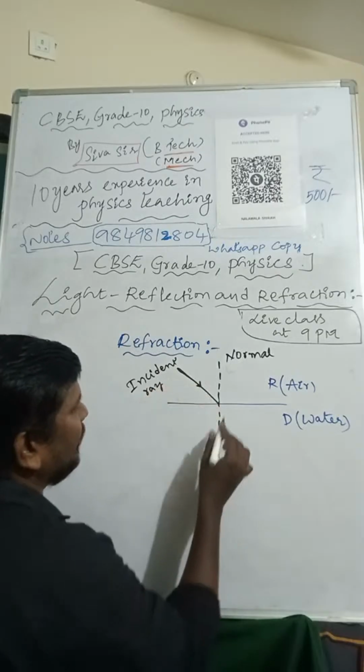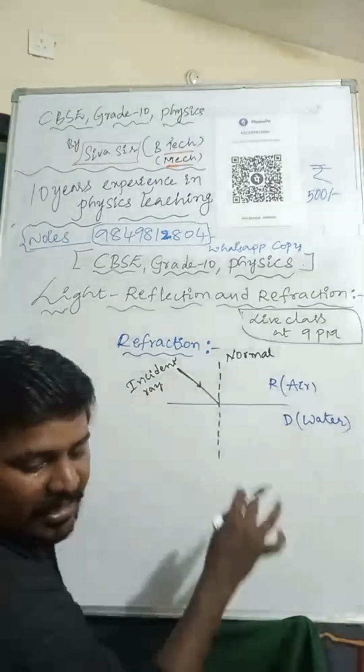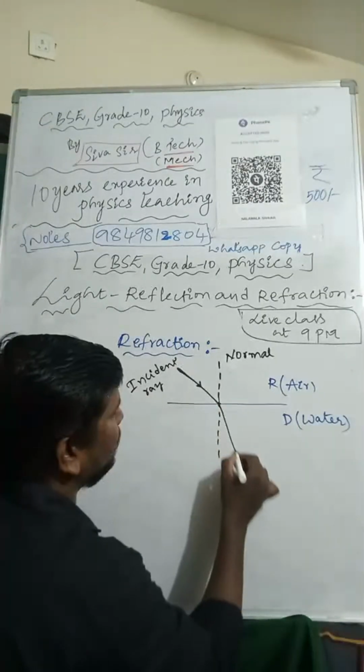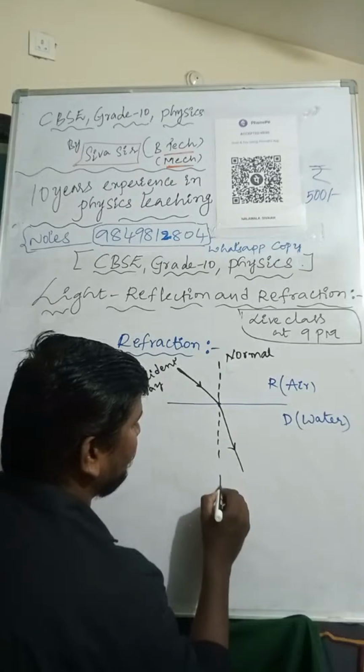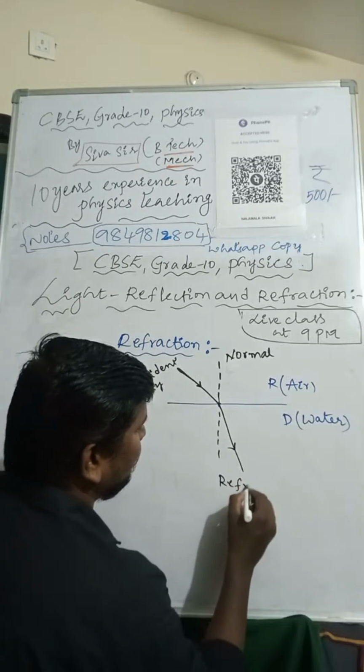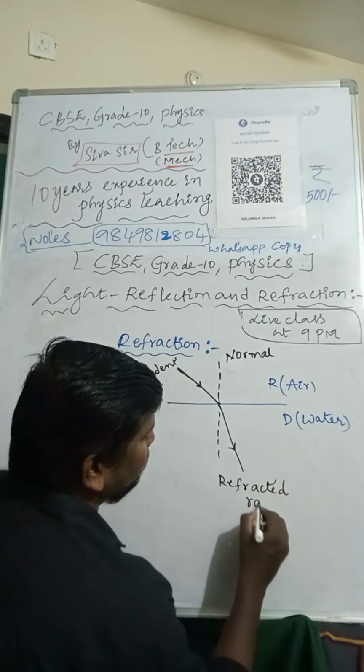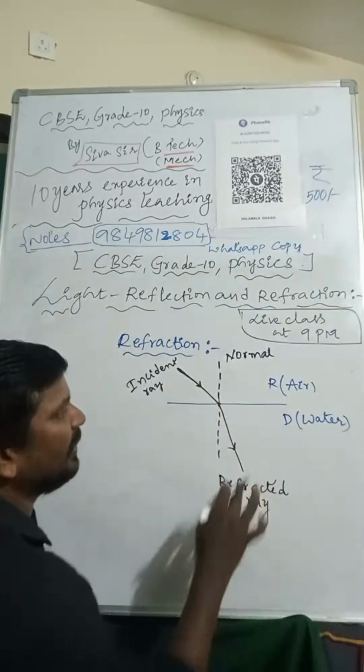After refraction, the light ray will pass like this. It bends towards the normal line. This is the refracted ray. So incident ray, refracted ray.